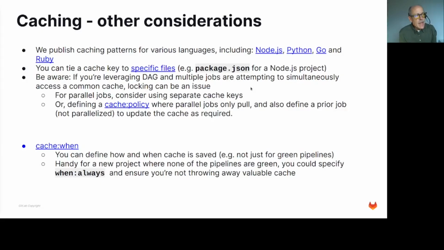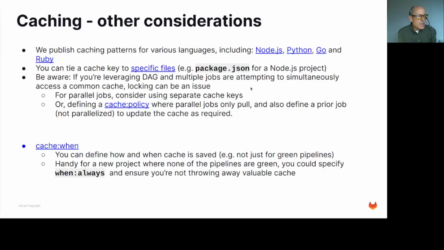And in those cases, we could have maybe access to caches by simultaneous jobs. And so locking is an issue. So one thing we might want to do for parallel jobs is consider using separate cache keys. Or we could set up a cache policy where parallel jobs only pull, and then we ensure that there is a prior job defined that makes sure the cache is up to date as required.